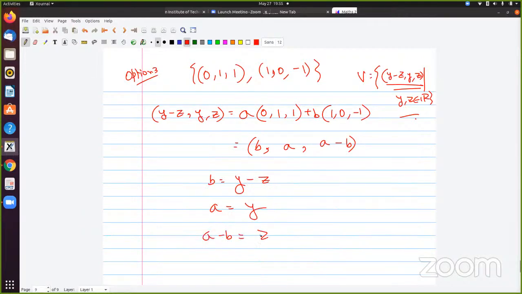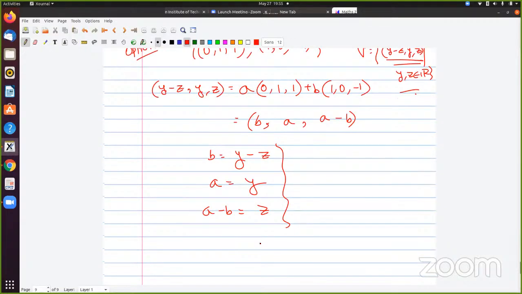These 3 are the equations. So anyway, I am getting some A and B. A is Y, B is Y minus Z. And what is A minus B? Is it Z? Yeah. So basically this is satisfied. So if I solve these three equations for A and B, the solution is A is Y and B is Y minus Z. This is the solution.